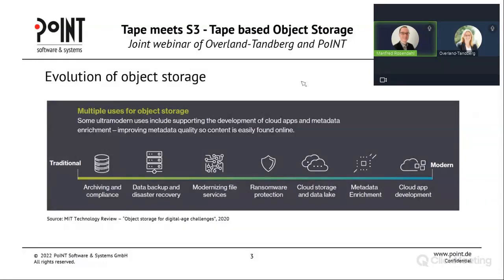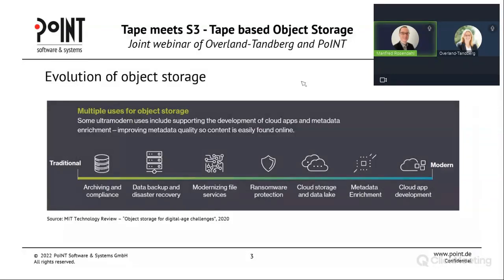Modern workloads, on the other hand, use more capabilities of object storage. For example, they enrich the data with additional metadata and are cloud native by design. So this evolution shows that object storage has evolved from a secondary storage to primary storage. This means that object storage is the primary data store for core or tier 1 applications.